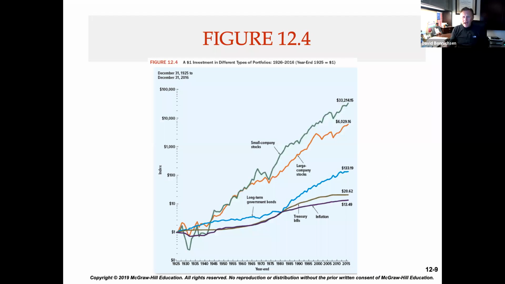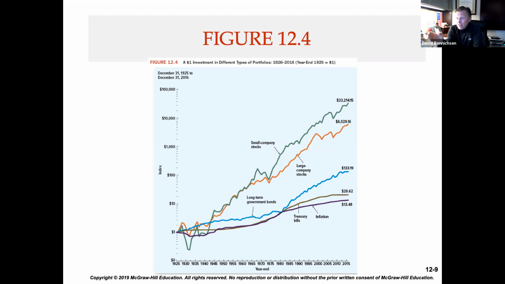So if we look back in time, this is from 2015 back to 1925. We look back at some of the various asset classes. This gives us an idea of the levels of return. So a $1 investment that was made back in 1926 would have turned into the final values that you see at the end of the trend lines, out in 2015.